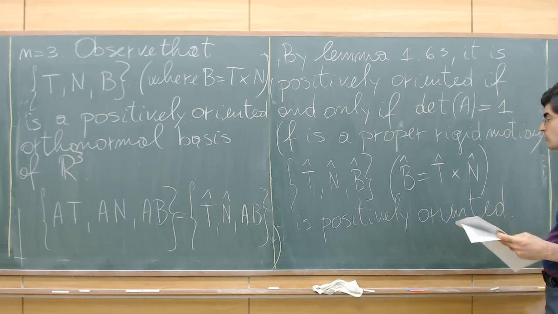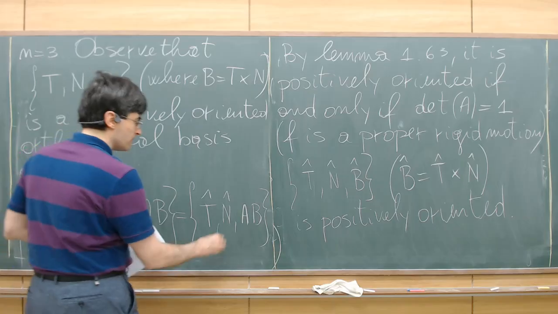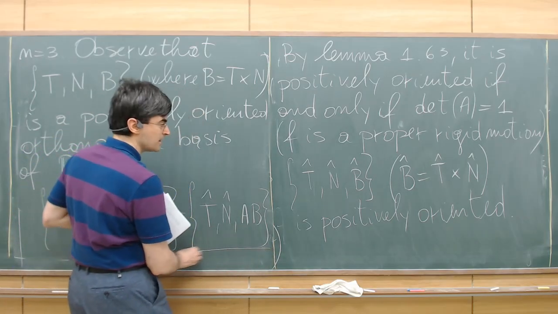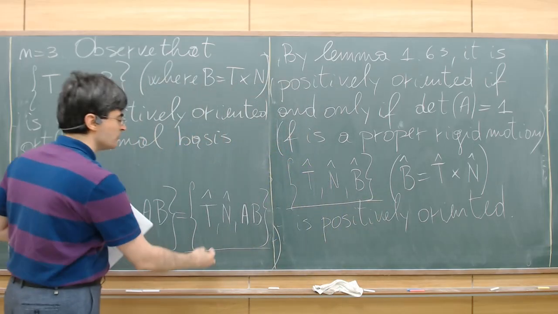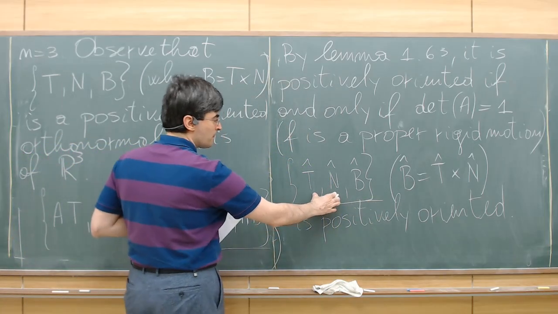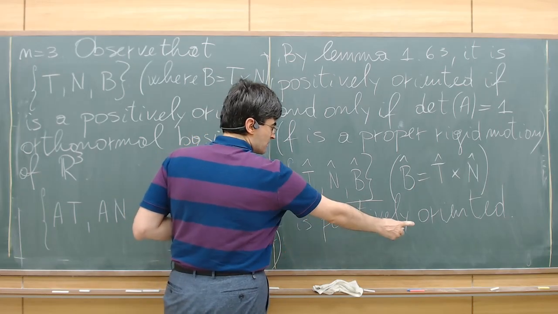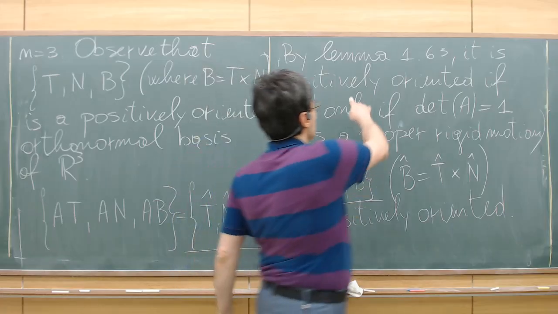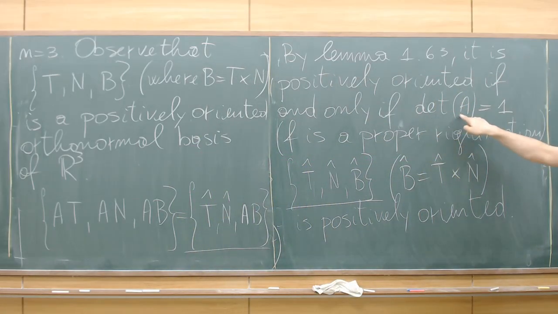So what is the conclusion? What is the relation between these bases and this one? The first two vectors are the same, and this one makes the basis always positively oriented. Instead, this one is positively oriented only if the determinant of A is equal to 1.